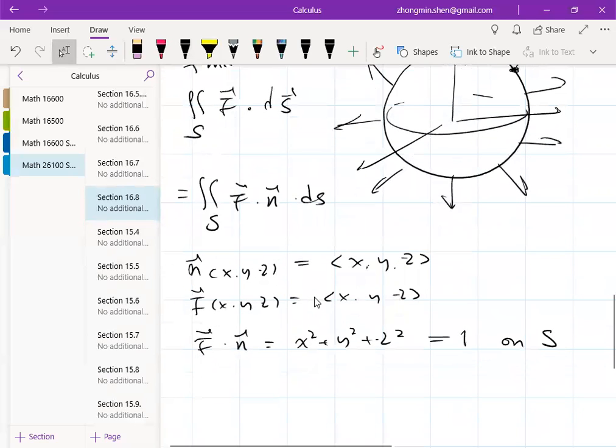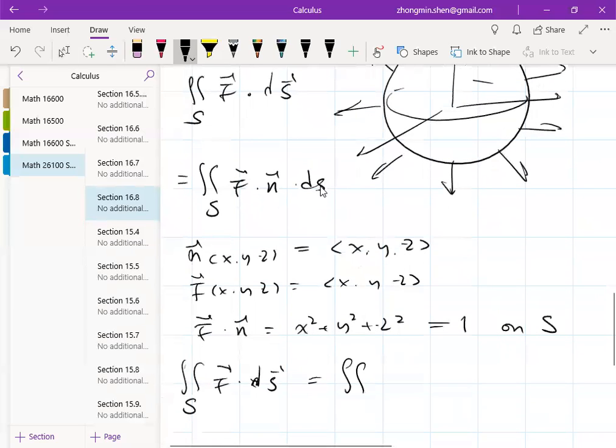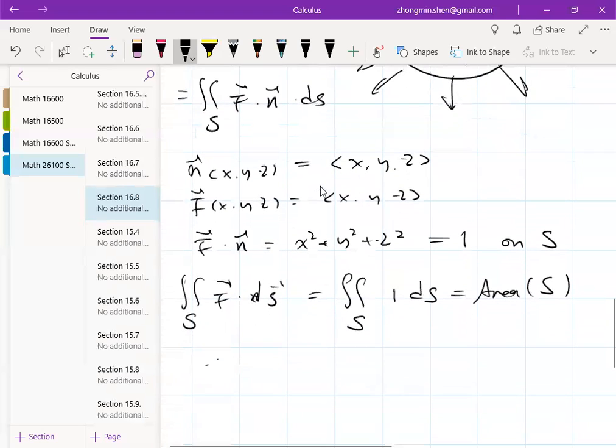So when you get a given problem, you have to look at it, and sometimes you can skip some steps. So this is just the surface integral of 1 dS, which is going to be the area of the sphere. The area of the sphere, I know, is 4 pi r squared, with r equal to 1, which is just 4 pi.